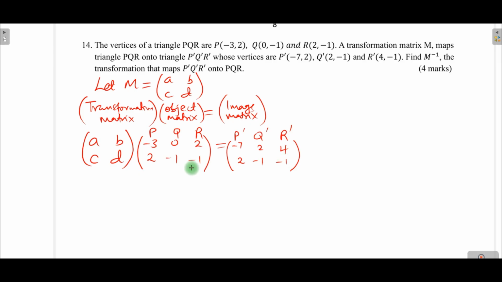Here, you need to have the knowledge of matrix multiplication. If you don't know how to multiply matrices, kindly revisit matrices in Form 3 work.